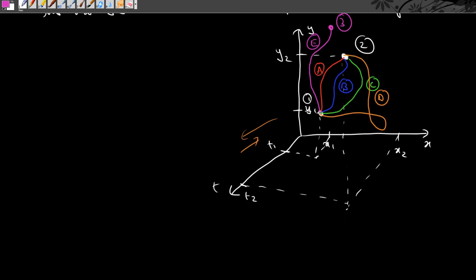Therefore it is impossible for the system to traverse the path E, because this path E never reaches point 2. So that is eliminated among all the possible paths.